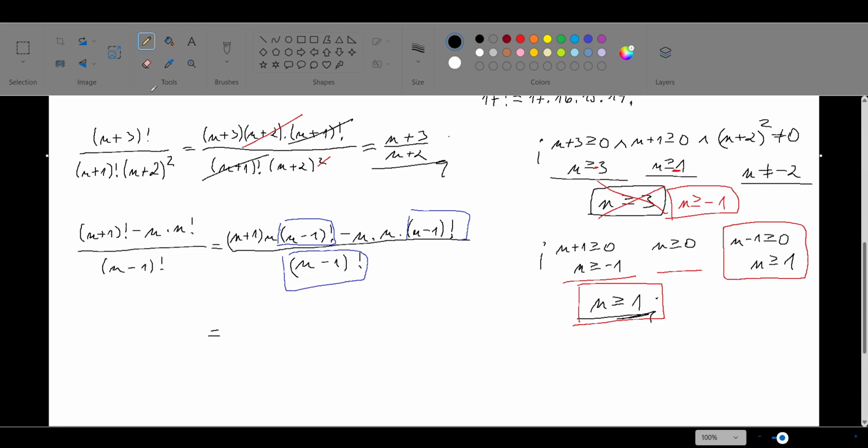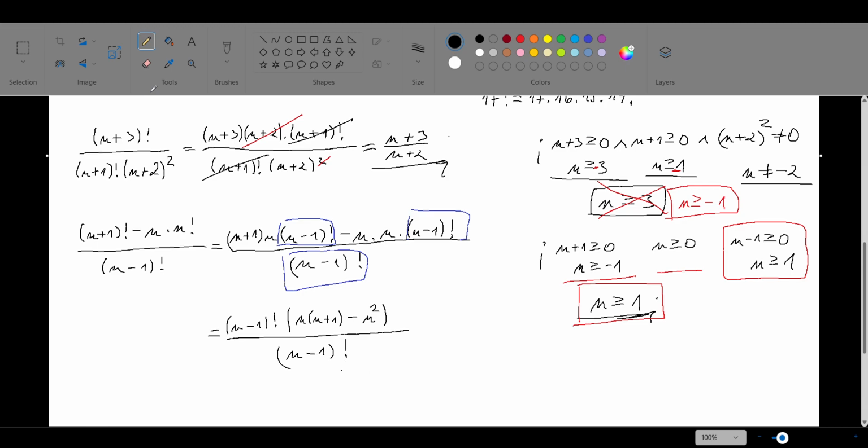So as both terms in the expression in the numerator of our fraction have in common n take away 1 factorial, you can put it out of the parentheses, and then in the parentheses remains n times n plus 1 minus n squared, over n minus 1 factorial.